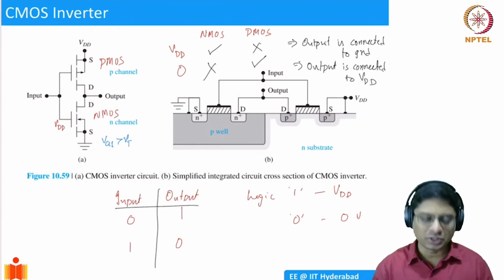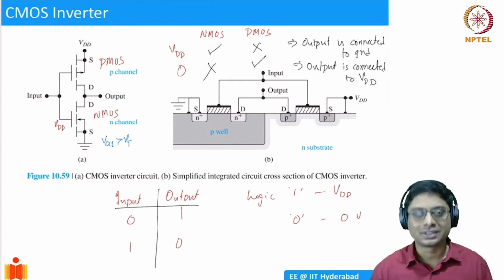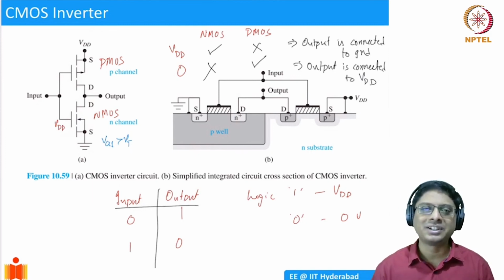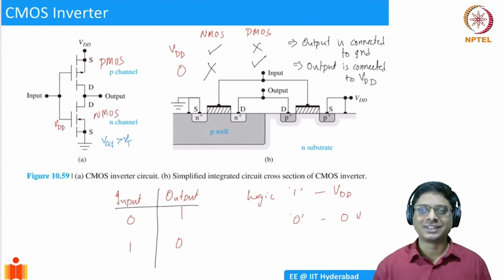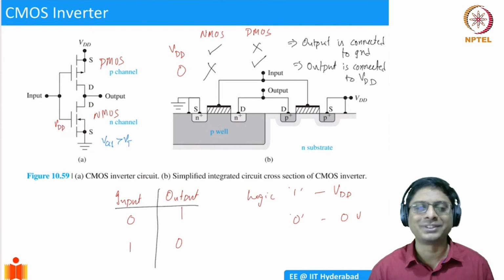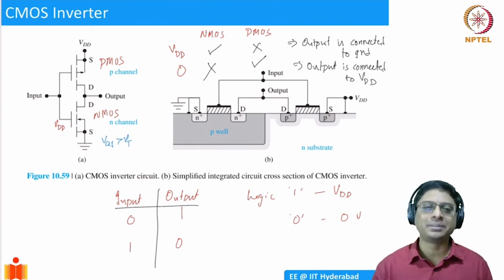If you have a BJT and try to make an inverter-like circuit, it will continuously flow current. And because of that, the power dissipation will be so much that if you made a chip out of BJTs, I don't think it'll last even 5 minutes or so. I mean, it depends on the battery, of course, but it's not at all an efficient device. It will just heat up like crazy. So that's why CMOS is very, very popular.